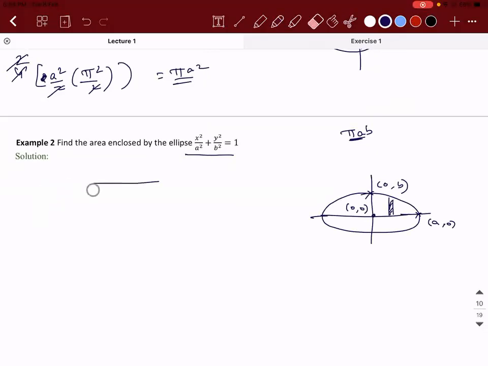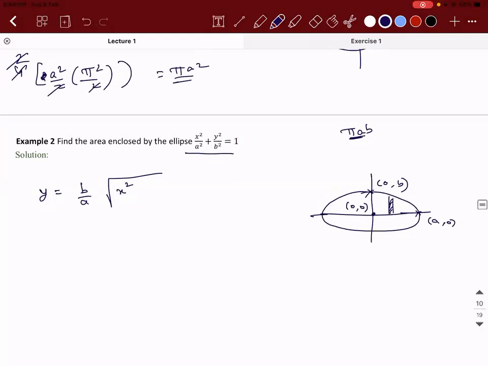So what is the value of f of x, guys? y square is equal to 1 minus x square divided by a square. So this will be a square minus x square divided by a square.